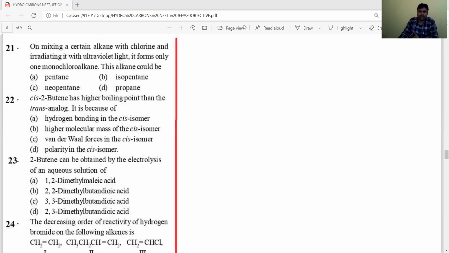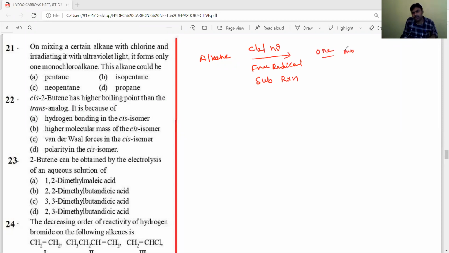Listen, dear students, this question is very important. Here they are taking different alkanes. The alkane is treated with chlorine in the presence of sunlight or ultraviolet radiation. UV radiation means it is nothing but a free radical substitution reaction, and it produces one single monochlorinated product.